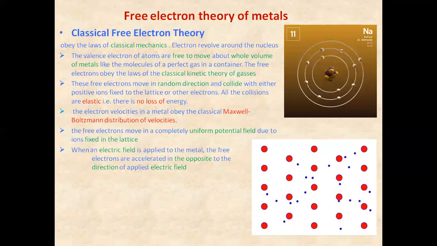the free electrons are accelerated opposite to the direction of the applied field. That means when we apply the electric field to the metal, the free electrons are accelerated in the opposite direction of the applied field.